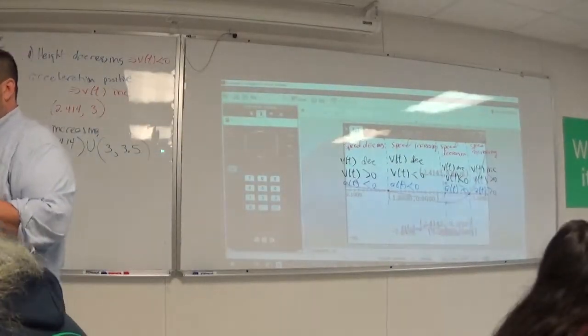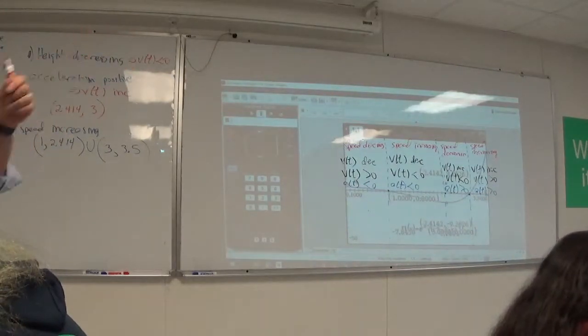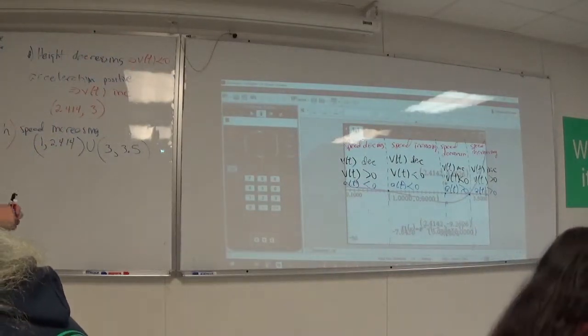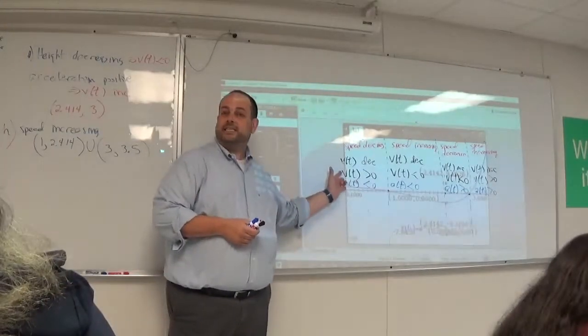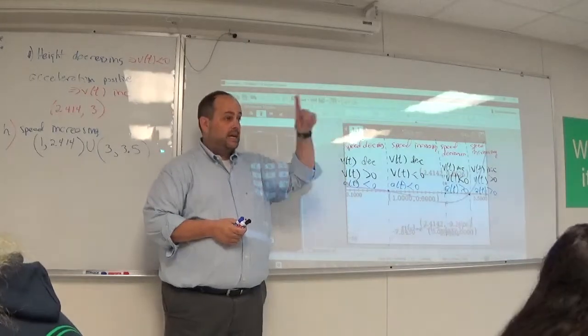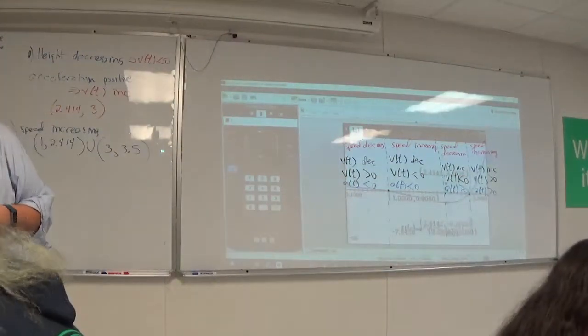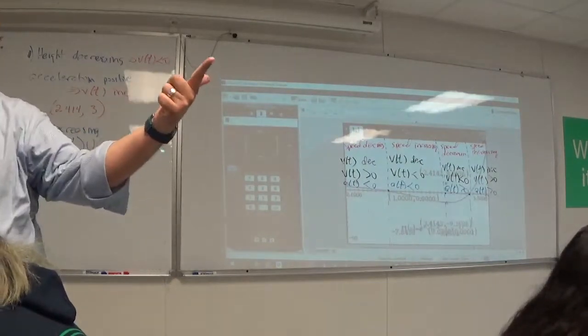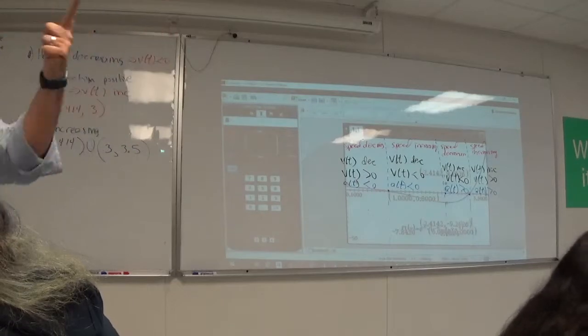Make a connection between velocity, acceleration, and speed. I see Paul. I see Karina. I see Marilyn. Velocity positive, acceleration negative. What's speed doing?